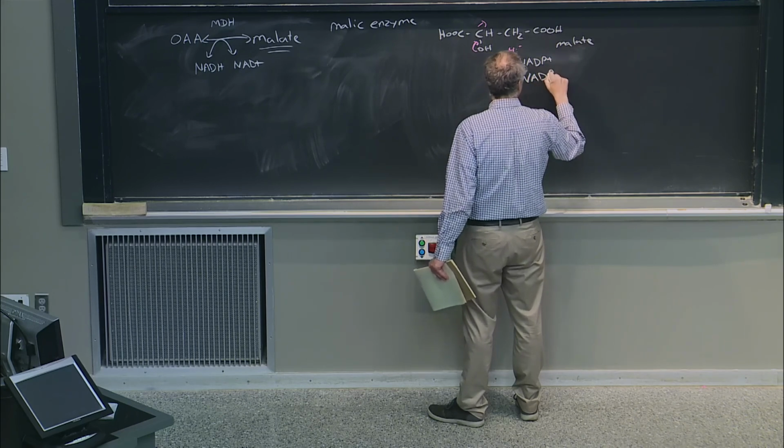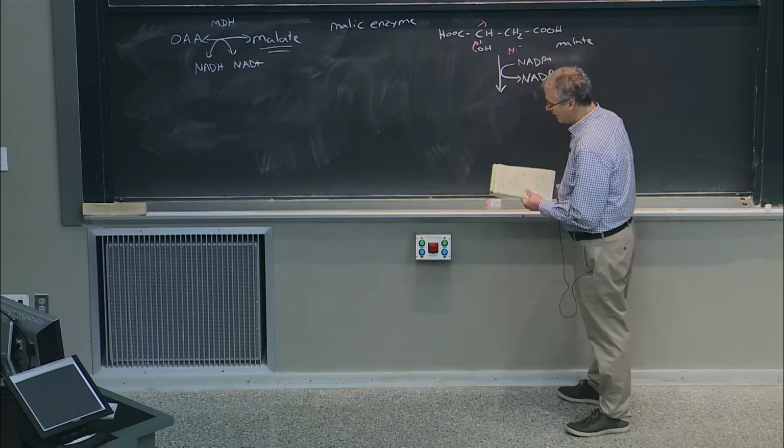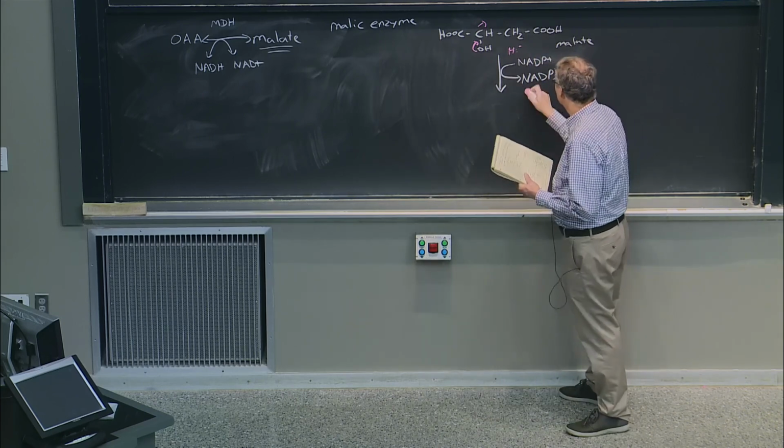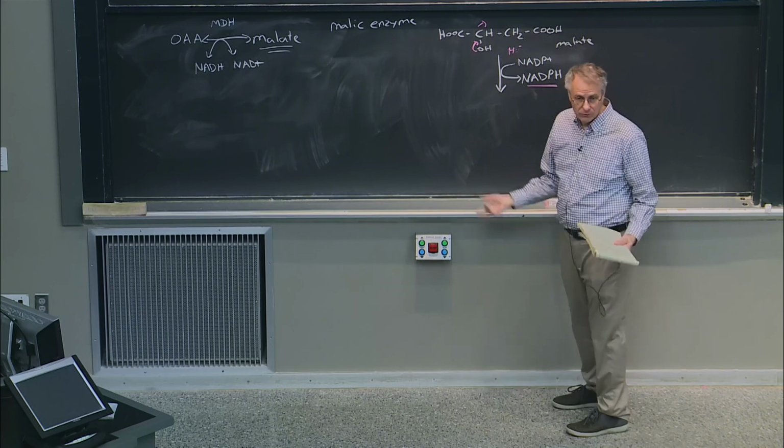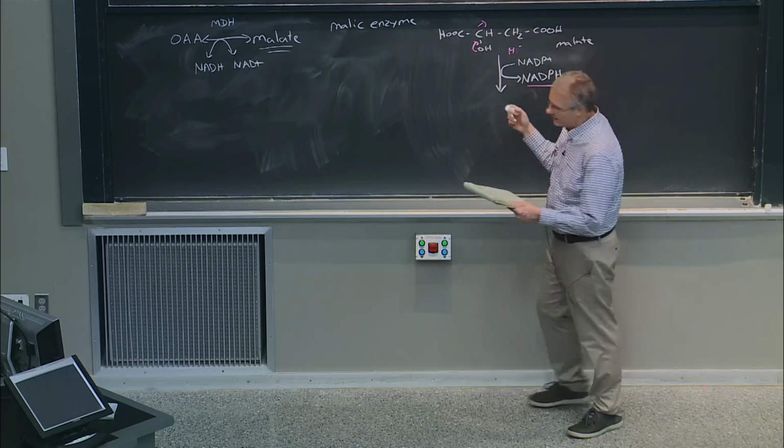The nicotinamide group is NADP+ to generate NADPH. NADPH is, of course, useful for reducing power to make fatty acids.